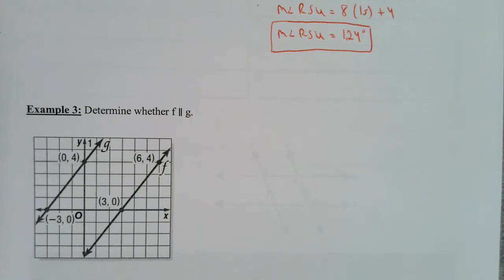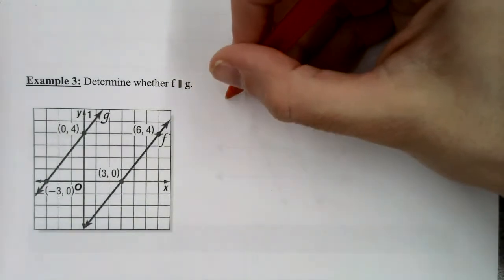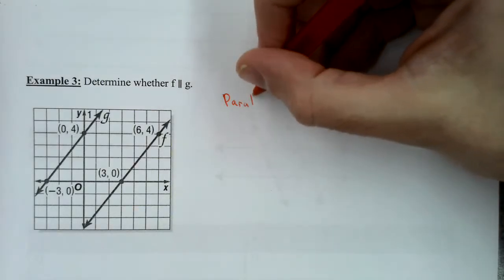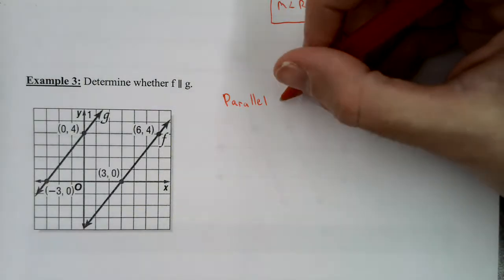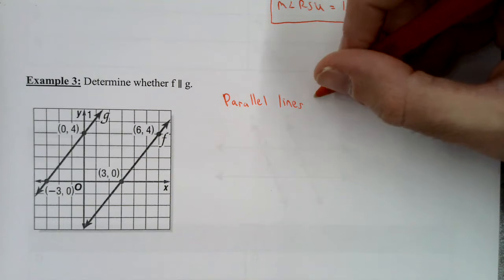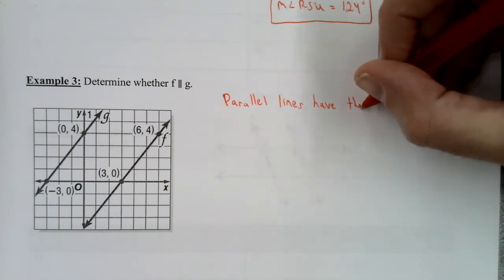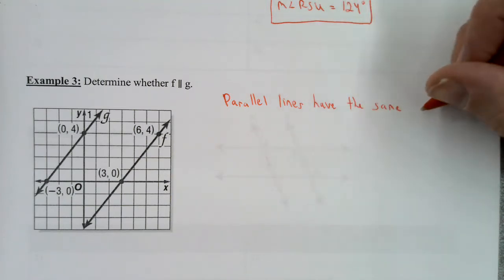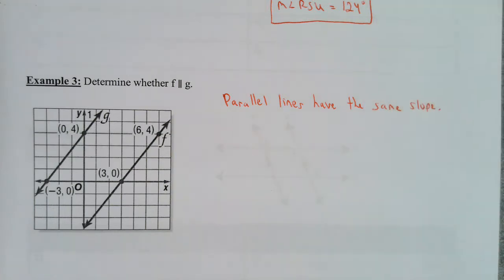Example 3, determine whether F is parallel to G. Okay. Well, parallel lines have the same slope. I'm not sure if you remember that from Algebra 1. I don't think we've talked about that in this class yet. Parallel lines have the same slope. That's what you need to know.